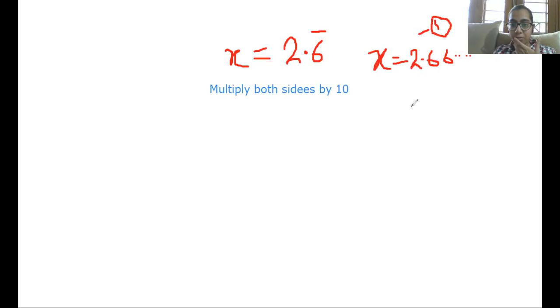So what we're gonna do, see how many digits have a bar on them? Only one, which is 6. Only one digit has a bar on it. So we'll multiply both sides by 10.